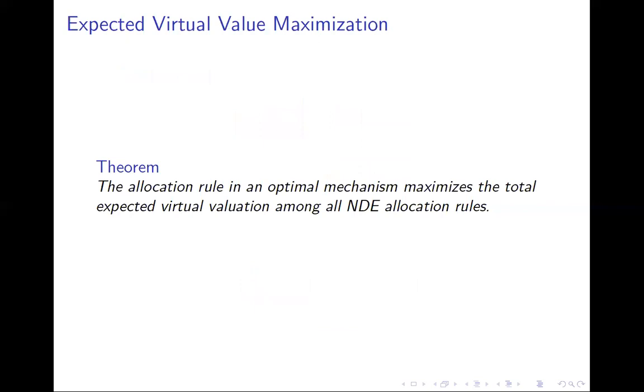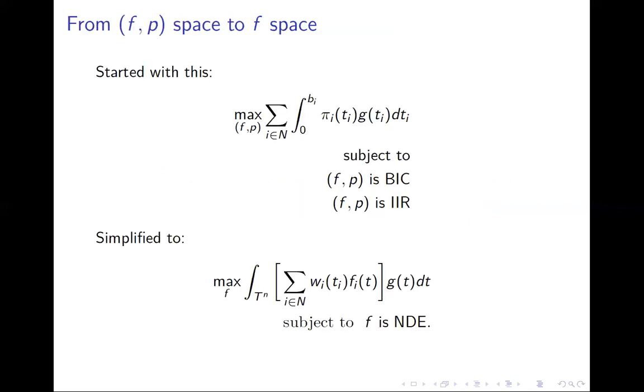So one way to summarize all this discussion is that the allocation rule in an optimal mechanism maximizes the total expected virtual value among all non-decreasing in expectation allocation rules. That's what this is saying.